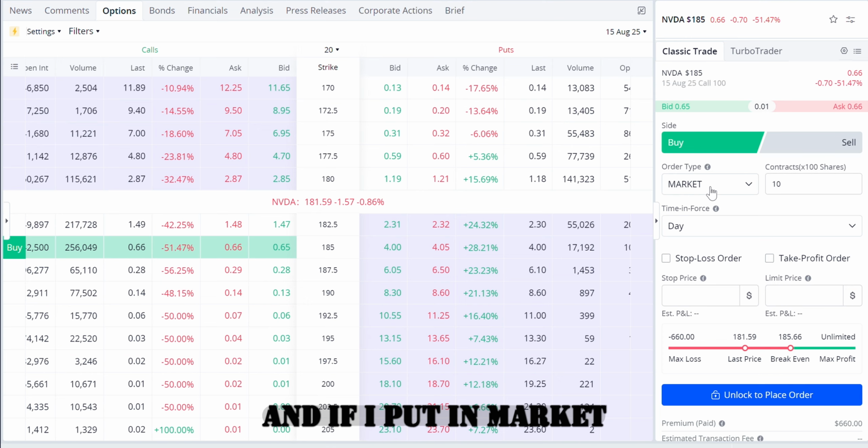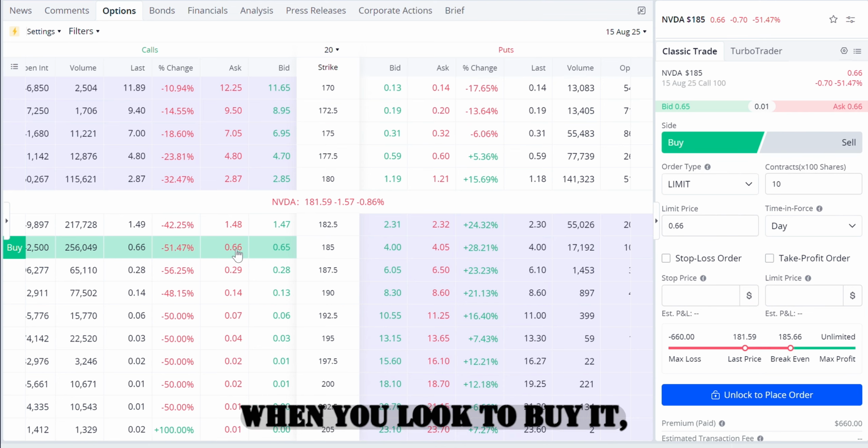And if I put in a market order, it's going to buy the contract no matter how much the price has changed. With a limit order, you put the price at what you want for the contract, and the market won't make the transaction unless that contract is at that price.